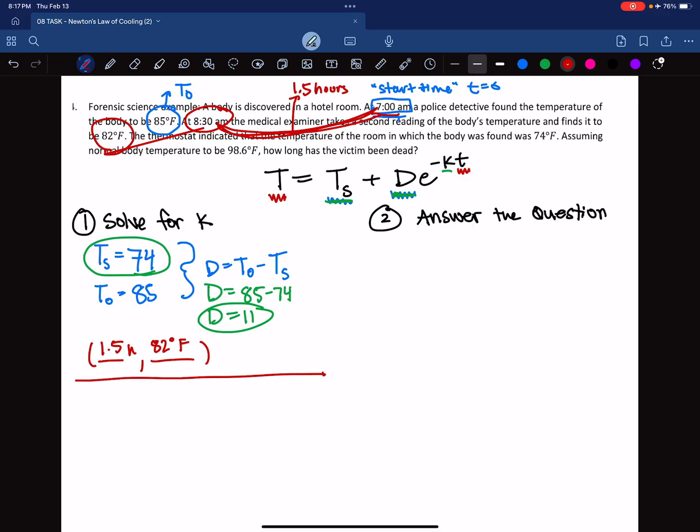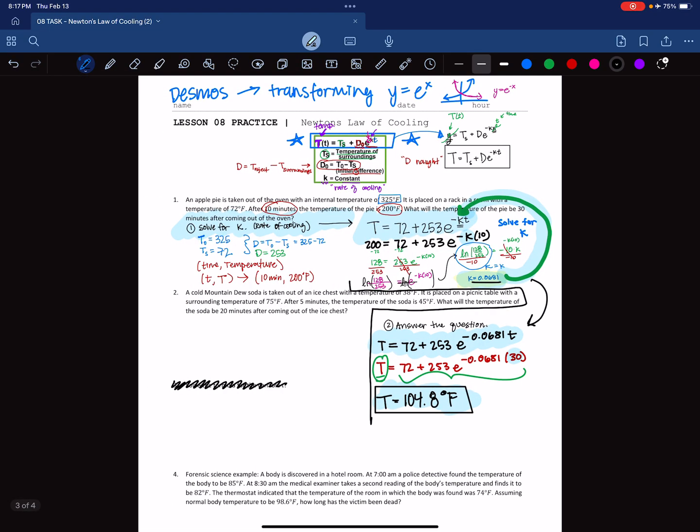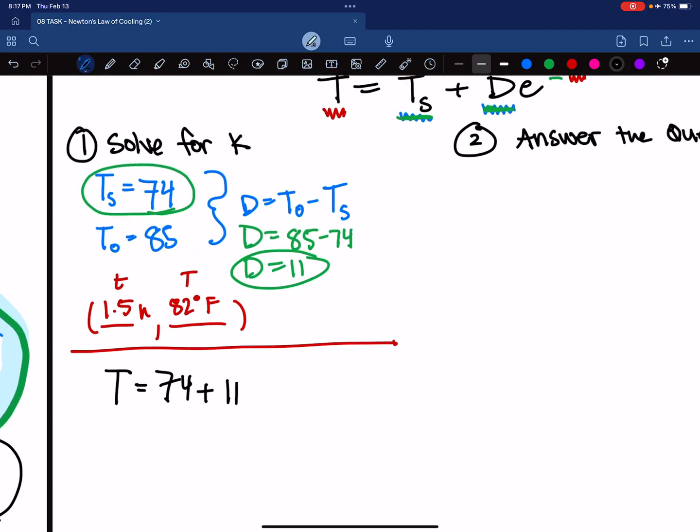All right, so we've kind of structured out the info. This is all we need to solve for k. So we're going to plug into our model. If I do it step by step, first I'd have temperature is temperature of surroundings, 74, plus the difference, 11. Oh, yeah, object first, just making sure.